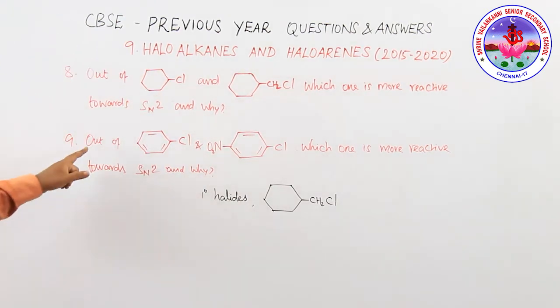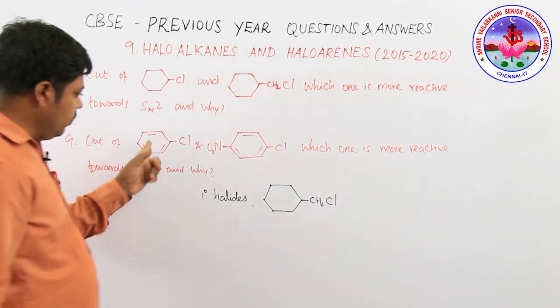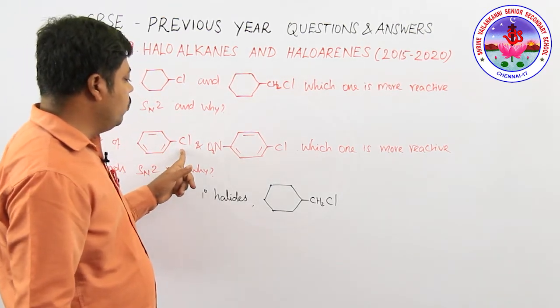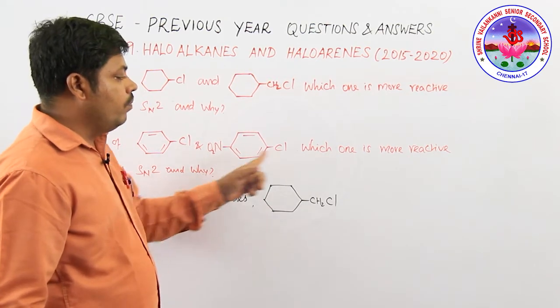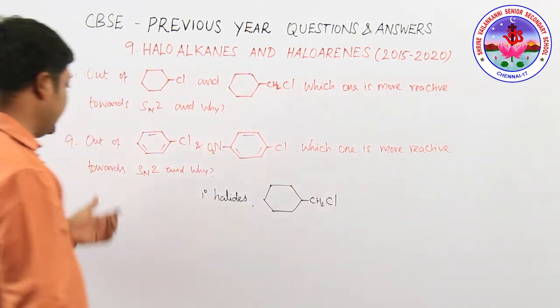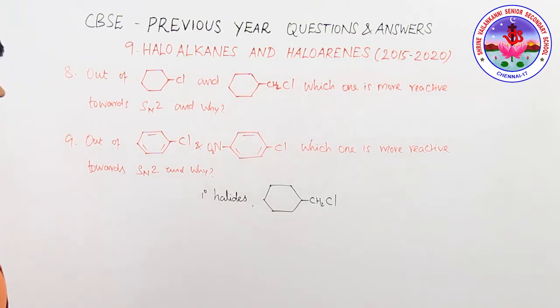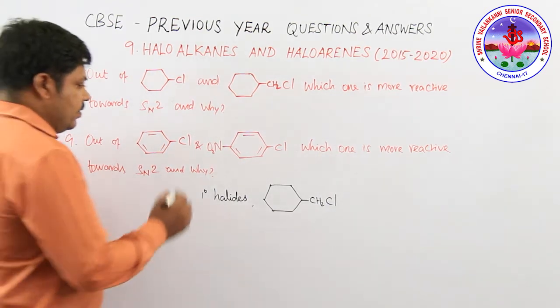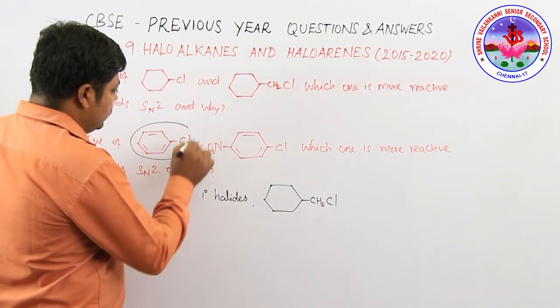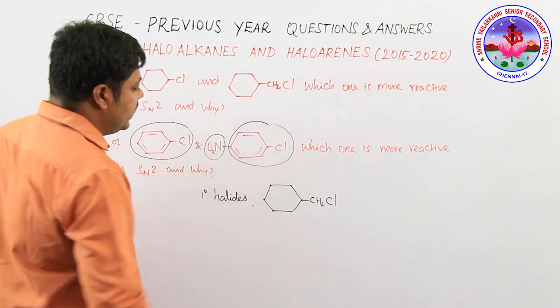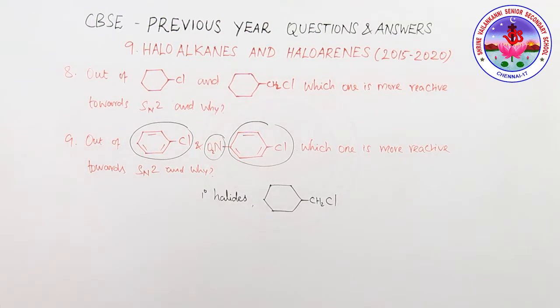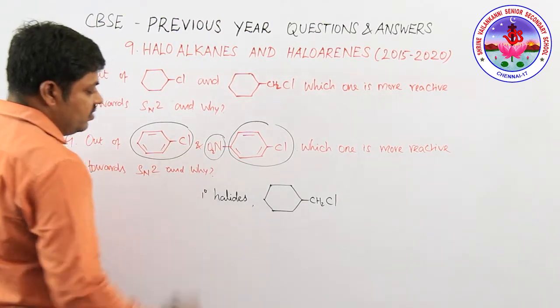Then the second question: out of the benzene ring having one chlorine, and this benzene ring having one chlorine and the nitro compound, which one is more reactive towards the SN2 reaction? See, this one and this one are the same, but here only one, the NO2, is present. NO2 is electron withdrawing in nature.